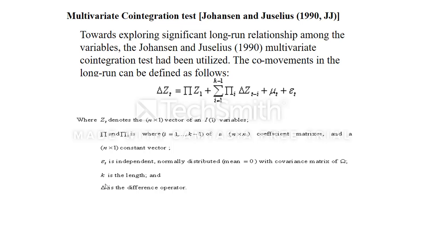But here, it doesn't matter which one you choose first; the result will be the same. The result of the Johansen-Juselius test and the VAR will be the same, because VAR is a unique kind of solution which assumes every variable is the same. There's no endogenous or exogenous distinction; it's all endogenous.